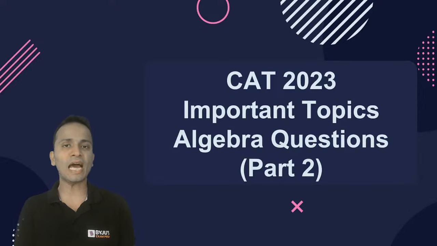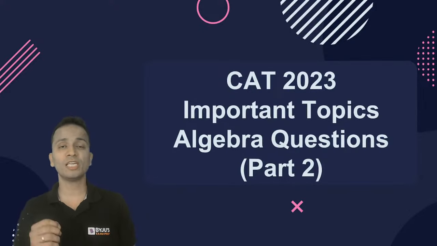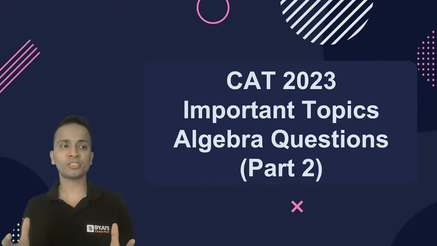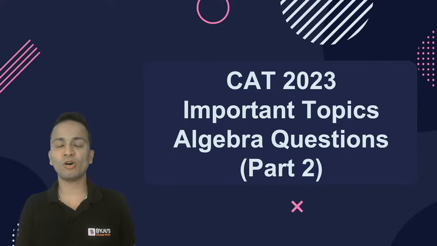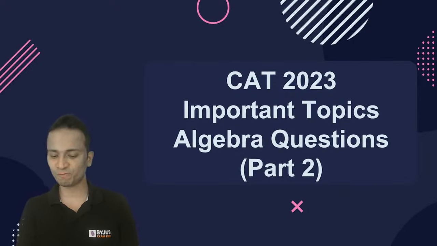Today we'll be looking at some of the beautiful questions that you may see in algebra. All these questions will be good for your practice, will help you in revising all the concepts, and will help you in getting in touch with all the important areas of quant and algebra in this session.